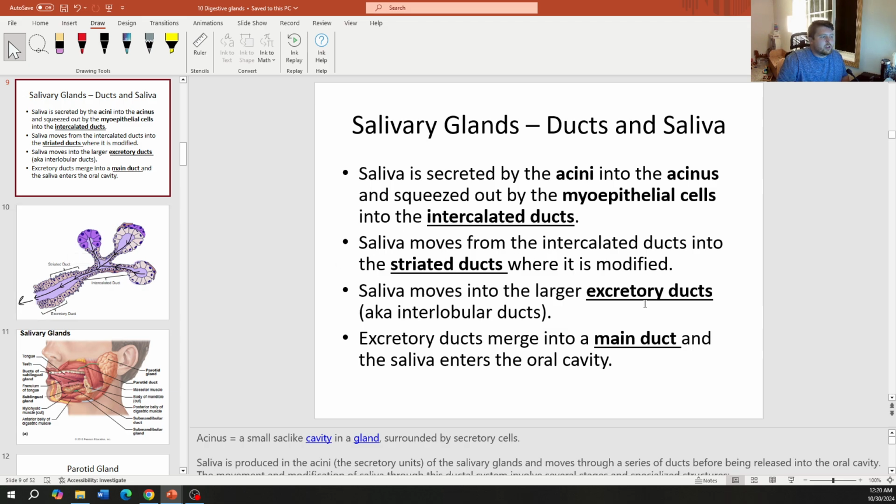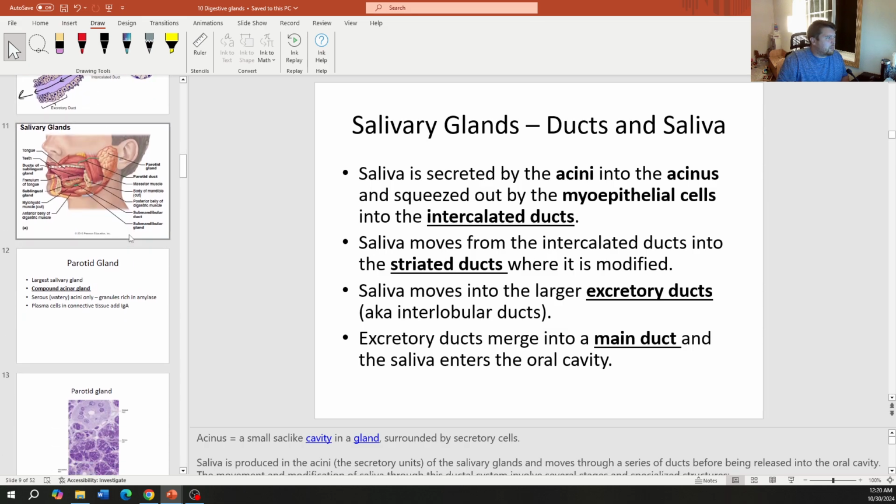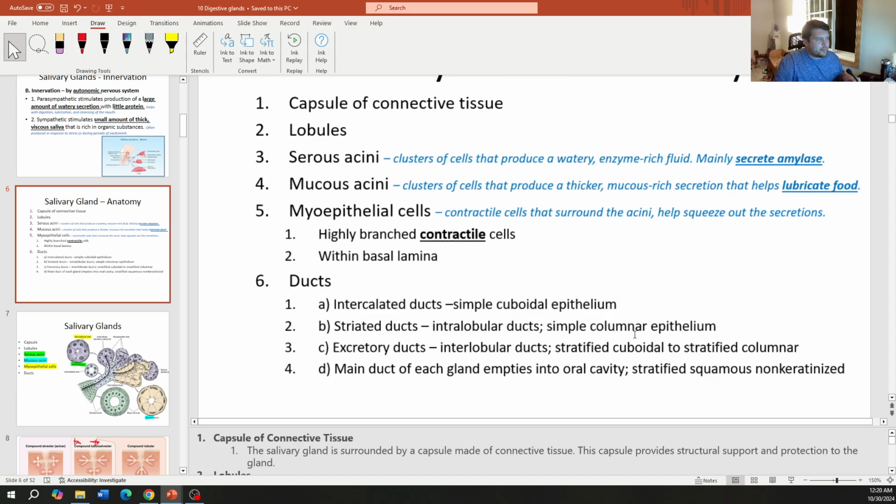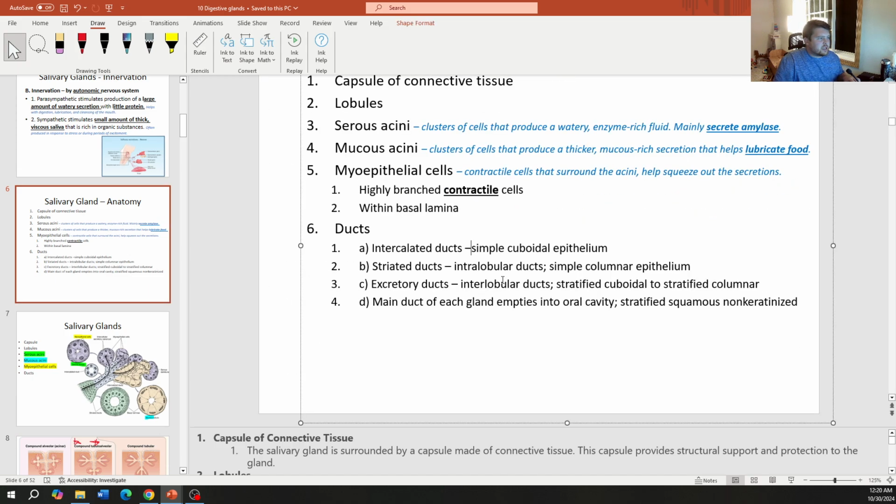So what we really want to remember about each of these different ducts specifically is found in this slide. Questions can come from this specific portion, being what type of epithelial cells are we looking at that surround this?